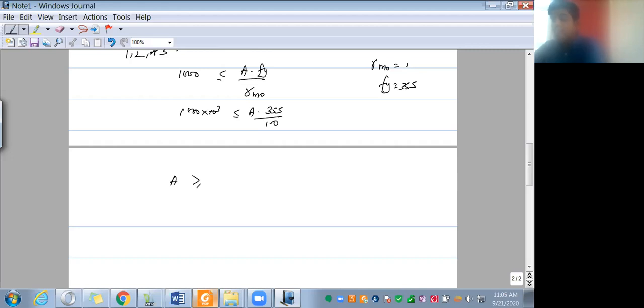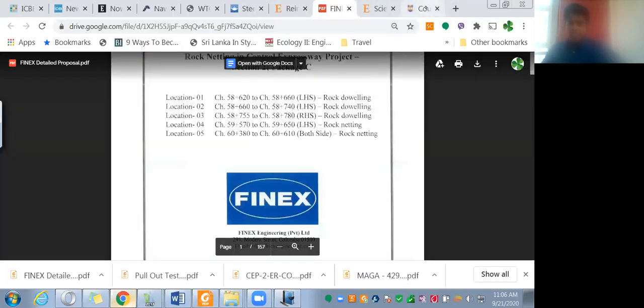So that is 2816.9 millimeter square. So area should be greater than or equal to 2816 millimeter square. So now we choose this section from the advanced section table.